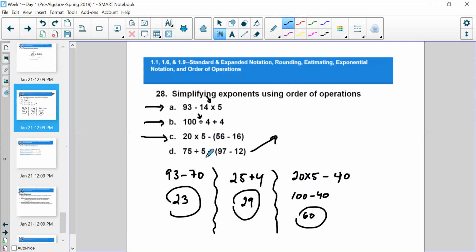I see division, I also see parentheses, so 97 minus 12. So that's going to be 75 divided by 5 plus, what's that, 85. And so then I scan it left to right again. I see 75 divided by 5, which would be 15. And then 15 plus 85 would be 100.